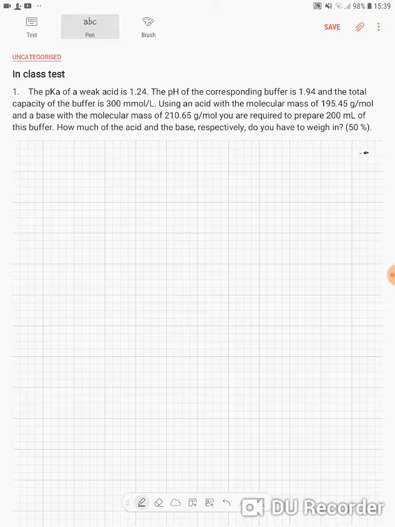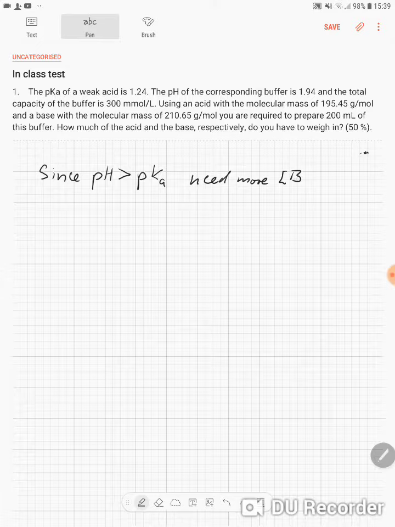So first of all, we can say since the pH is larger than the pKa, we know that we need more base concentration. So that's quite important information, because that helps us to do some kind of reality check.